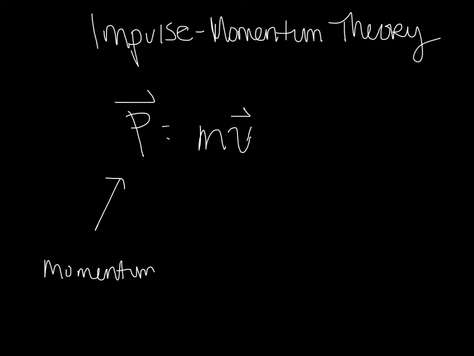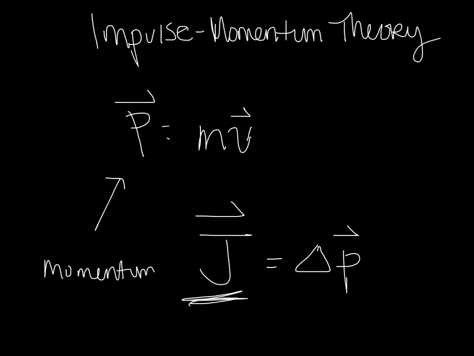So to rewrite our previous equation, J, our impulse, is equal to our change in momentum. So the mass of the object affects the object's momentum as well as the velocity of the object, and both mass and velocity affect the impulse that an object feels.